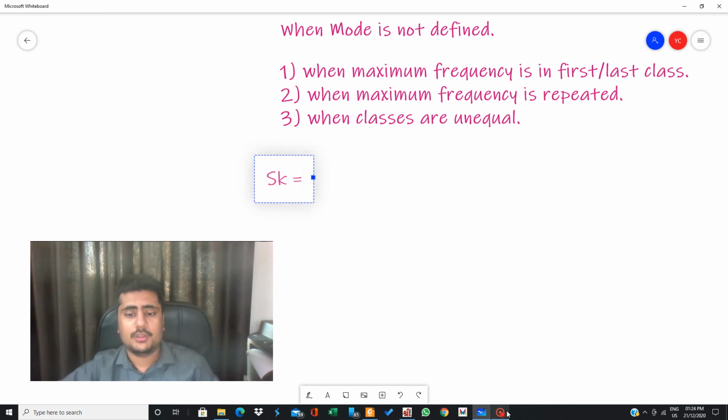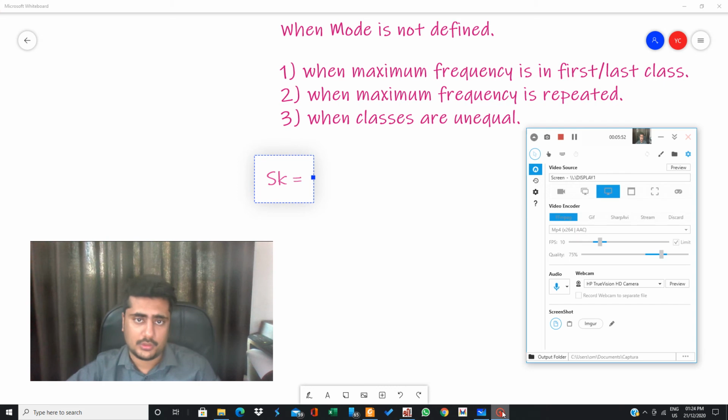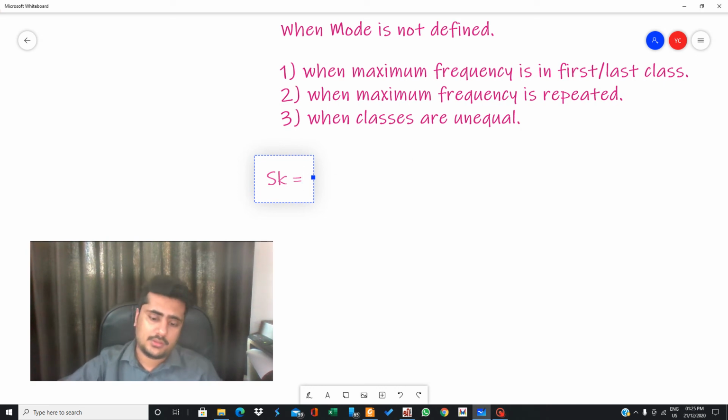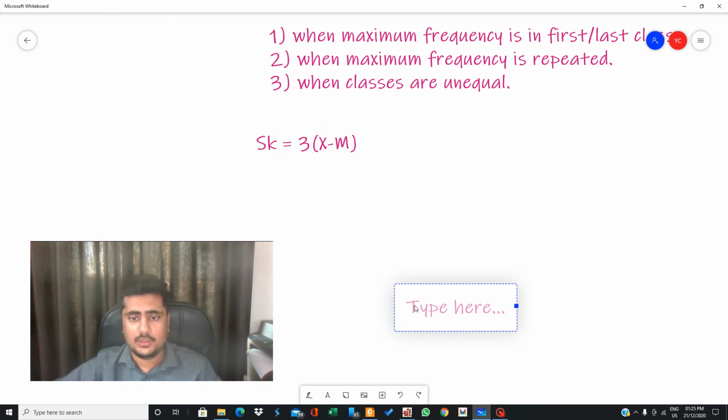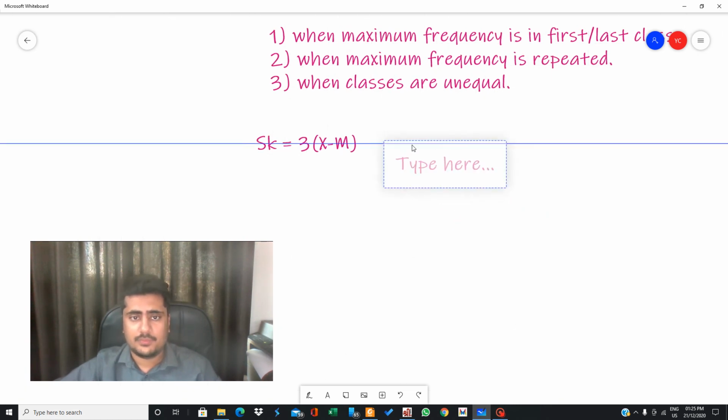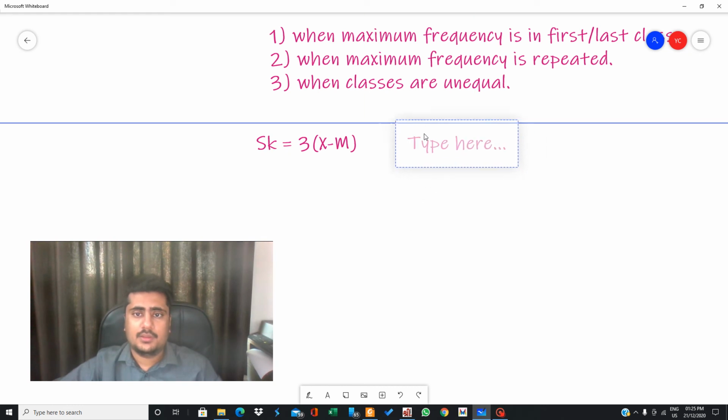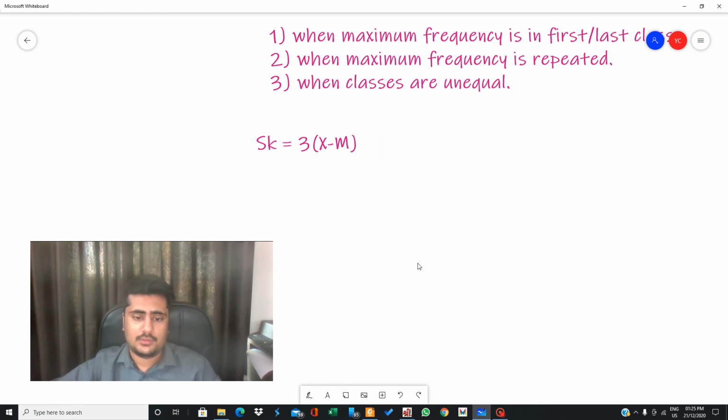Now, what formula you are going to use for this skewness? Skewness is 3 into mean minus mode. Okay. So now, sorry, let me clarify it. Sorry.